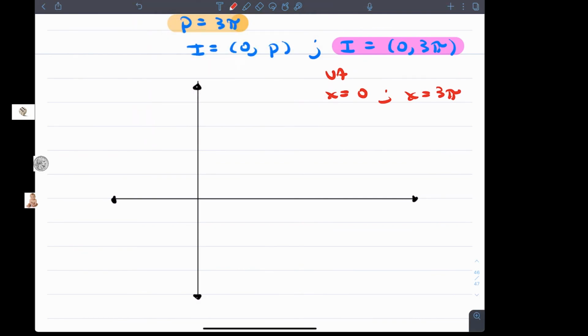So what do we draw first? We have to draw the vertical asymptotes, right? So that's like where 3 pi would be. This is where 0 would be here. And remember, you always need that halfway point. It's going to go through that halfway point. It has an x-intercept. So maybe we should ask, what's the x-intercept?